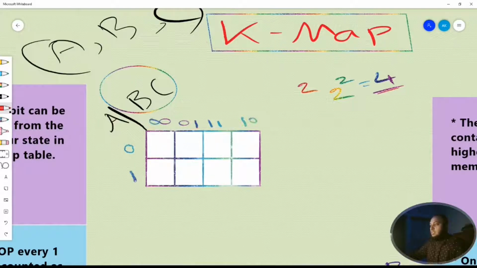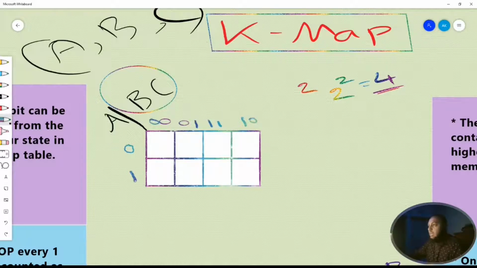That means from first state to second state only C changes from 0 to 1 and B remains the same, it remains 0. From second state to third state we can see C remains the same, it remains 1, but B changes from 0 to 1. So in two cases we have seen that only one bit is changing.